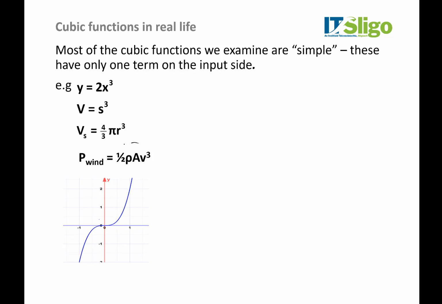Even though this looks like a complicated function, there's still only one term, but there's 3 input values. We'll talk about those a little bit in this lecture and in more detail in the next lecture. All of these functions have this type of graph.